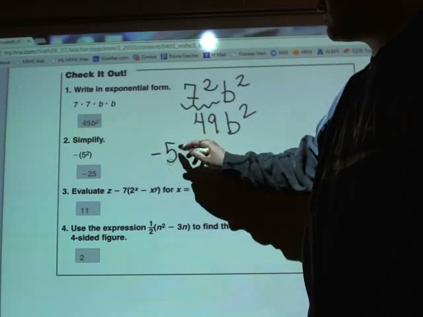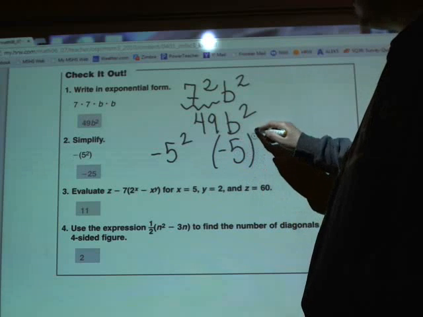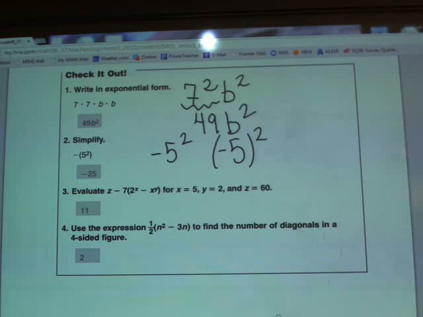Unfortunately, negative 5 squared would either have to look like that or like that, and that's not what we have here. We have the 5 being squared just because that's what's in the parentheses. That's how I get my 25, and then the negative being out front changes the sign when we're all done, and that's how we get negative 25.